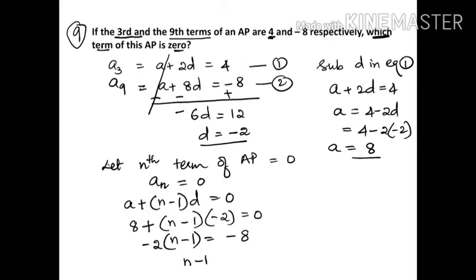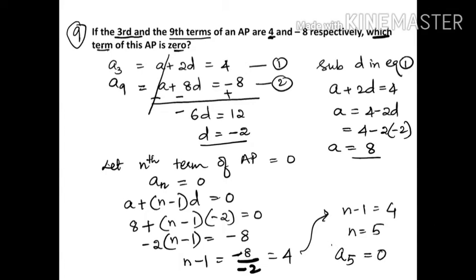So n minus 1 is equal to minus 8 upon minus 2, which is equal to 4. So this implies n equal to 5. So in this AP, the fifth term will be 0.